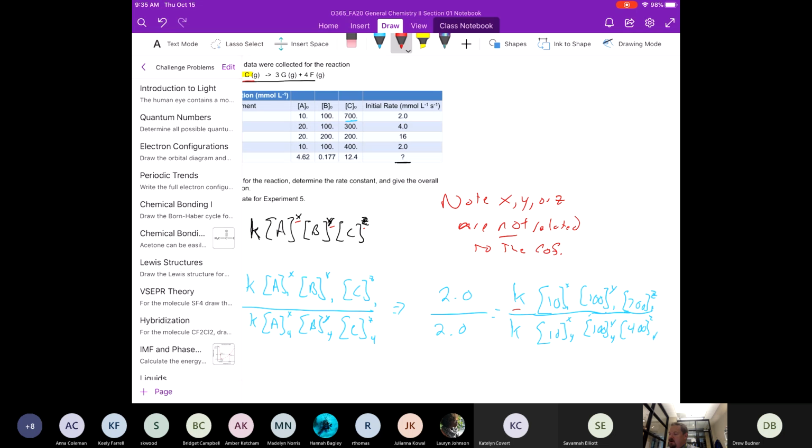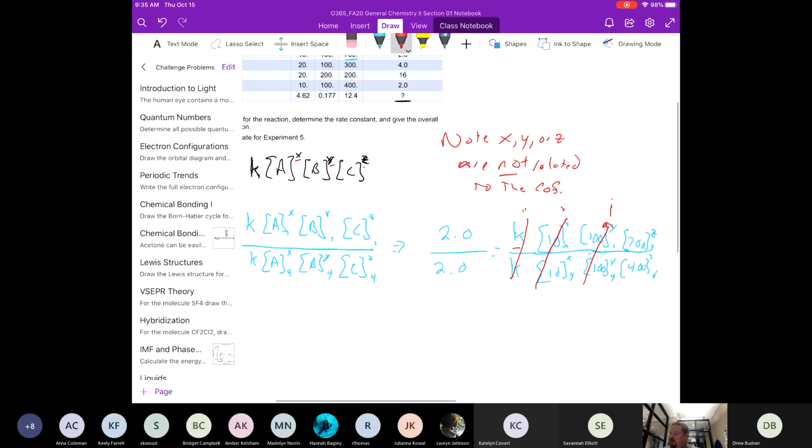All right. If we examine this now, the k's are the same, so they're going to cancel out, right? We have 10 to the X and 10 to the X, so those are going to cancel out. They're going to go to 1, essentially. The 100 to the Y and 100 to the Y are going to cancel out. We're going to have that go to 1.